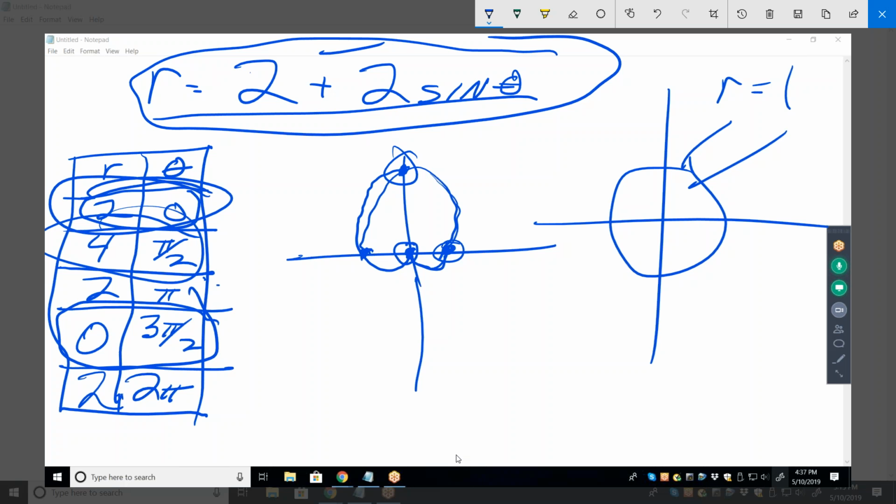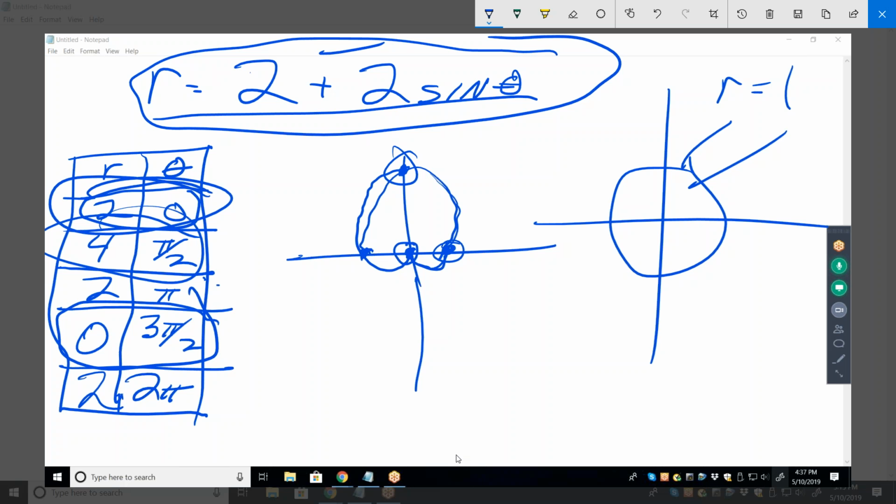Once you're in polar mode, you put in a function of r. Okay, so it was 2 plus 2 sine of theta? Yeah. And once you get it in there, now graph it. It'll graph it in the exact order as you get when you make a table and you go from 0 to 2 pi.